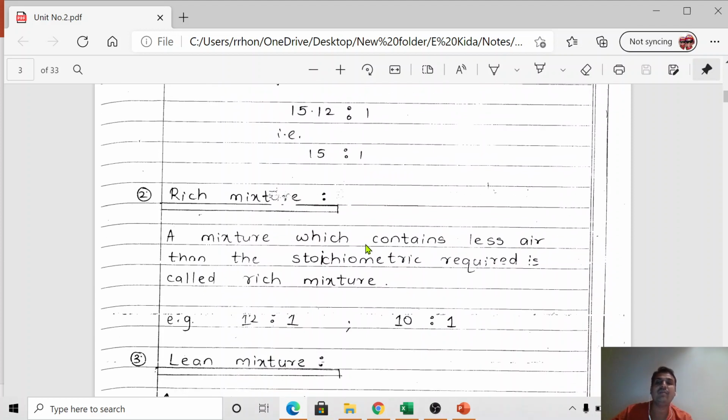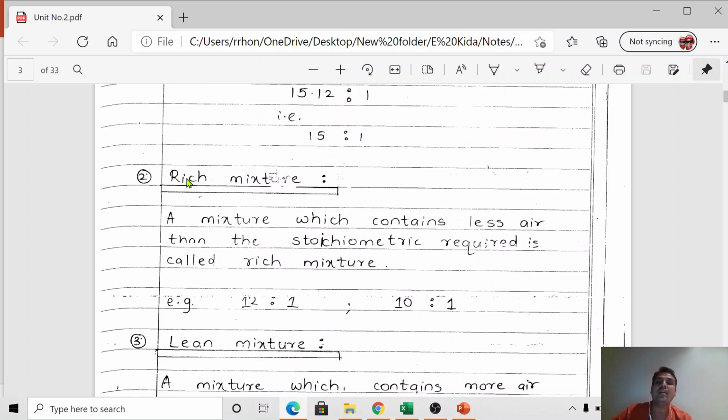The next one, which is again very important to understand, is the rich mixture. Please concentrate on the spelling of rich. Rich is not R-E-A-C-H. Here it is R-I-C-H. First of all, we'll see the definition. A mixture which contains less air than the stoichiometric requirement is called a rich mixture.